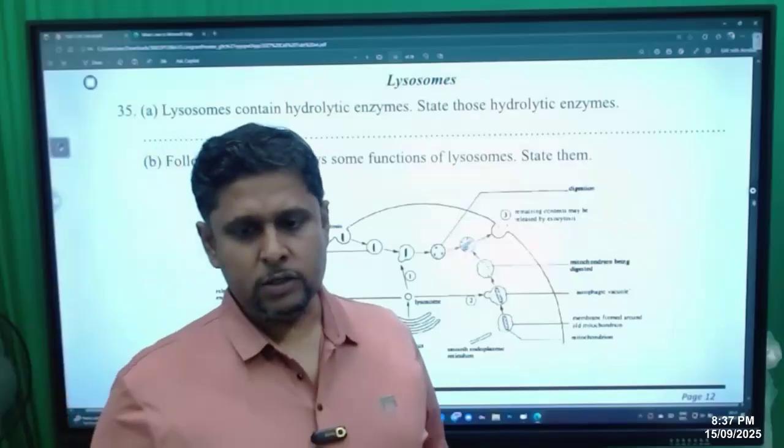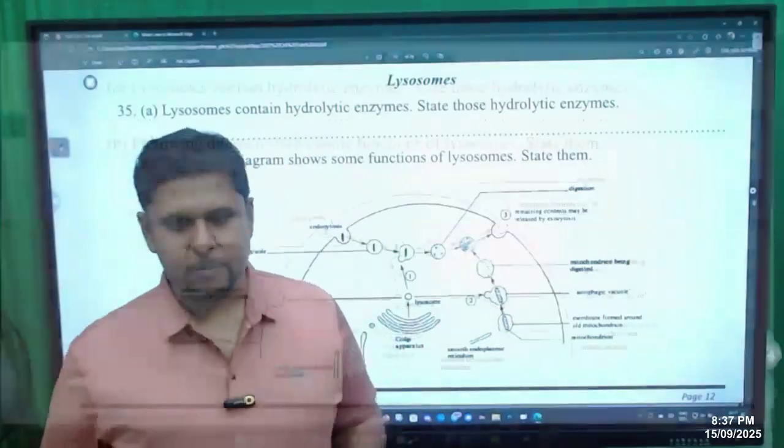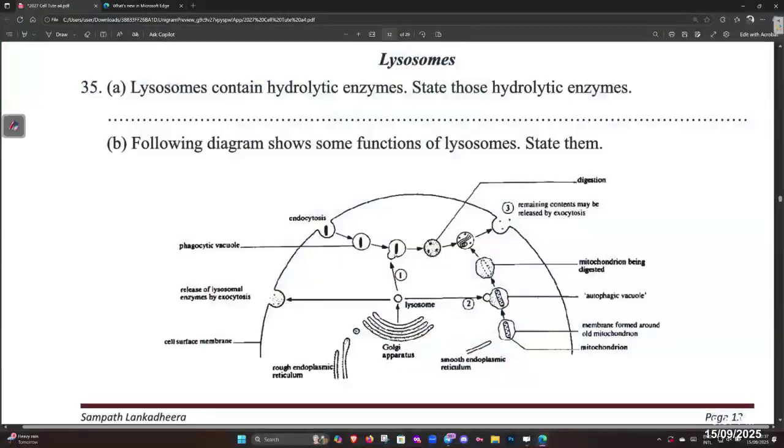Lysosomes contain hydrolytic enzymes. State those hydrolytic enzymes. Now, people, in the resource book, they have not mentioned specifically the names of these hydrolytic enzymes. So we say that carbohydrate breakdown enzymes, protein breakdown enzymes, lipid and nucleic acid breakdown enzymes. We'll take the answer like that.